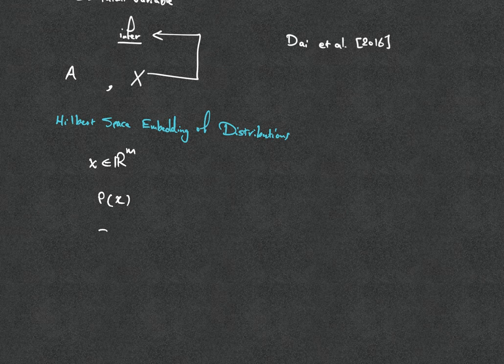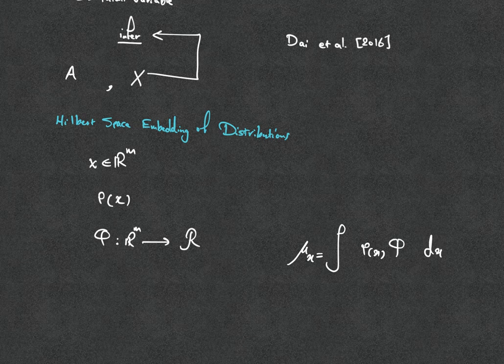Then also consider the feature map phi, which could be potentially infinite dimensional, that can satisfy this formulation, meaning mu x is going to be probability of x, so at any point x, and then the feature map for x over the entire space.